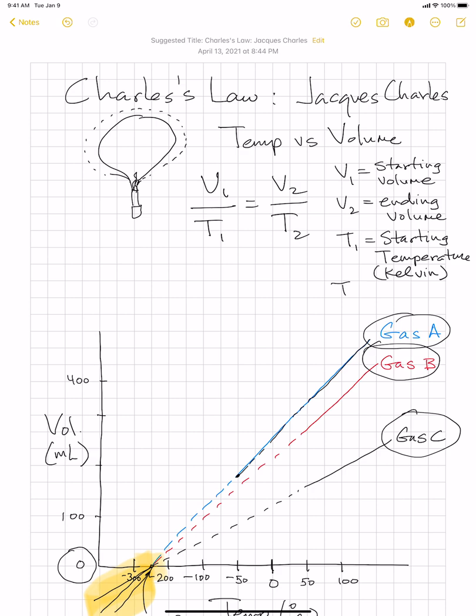And then T2 is the ending temperature, and it must also be in Kelvin.